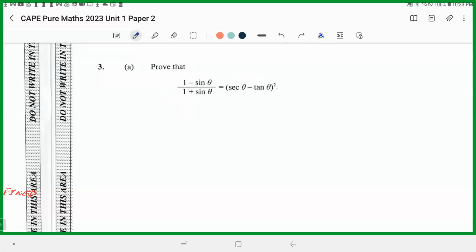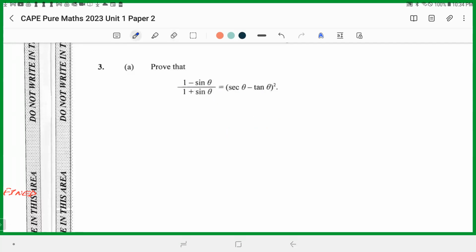In my mind, I'm seeing this as 1 over cos, and I'm seeing this as sine over cos, which really is 1 minus sine over cos. Right? So I want to get that in this. It's under the square as well, so it's almost like I need to get a cos squared theta on the denominator. So this needs to become a cos squared.